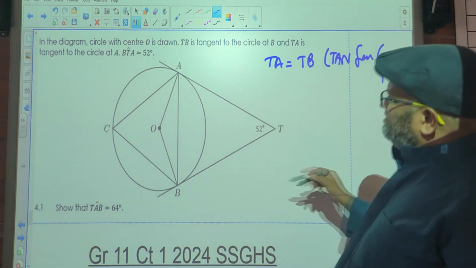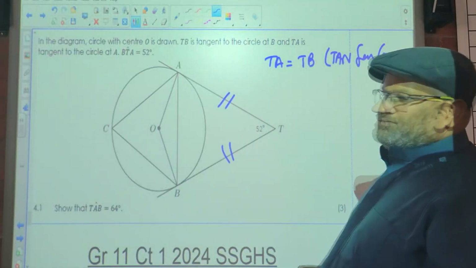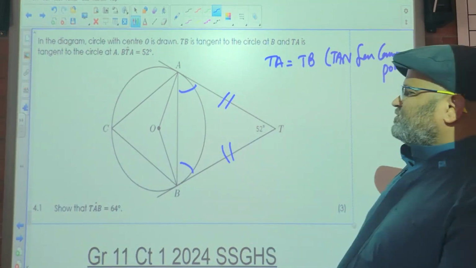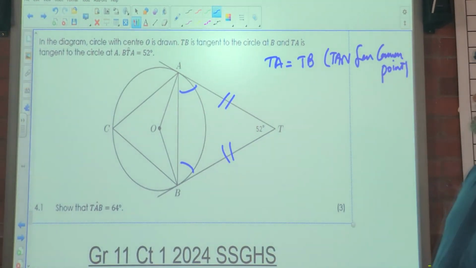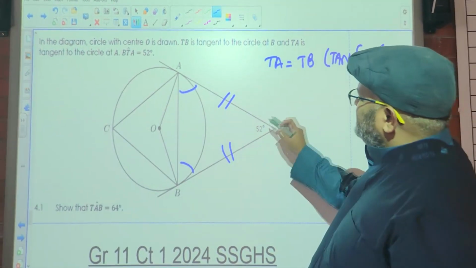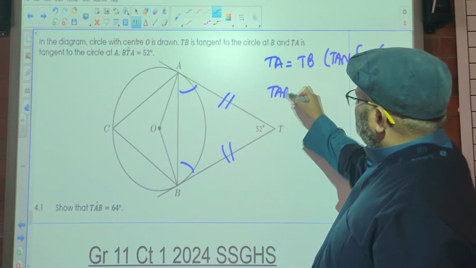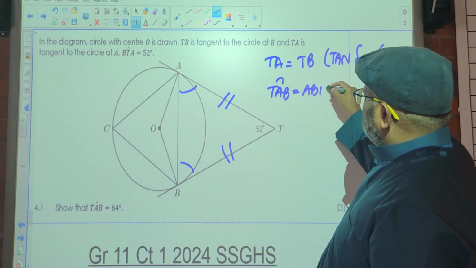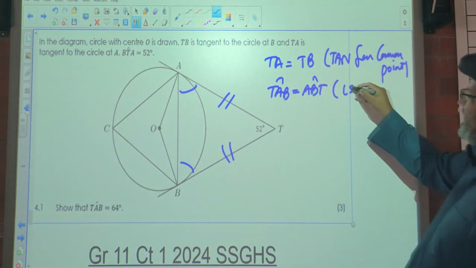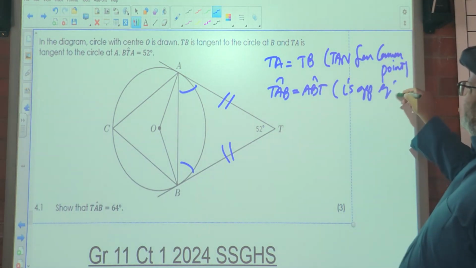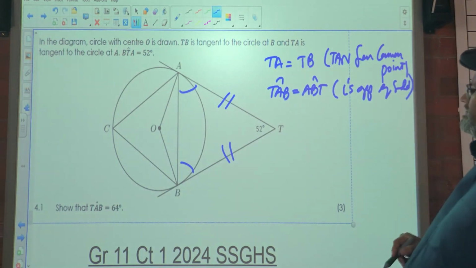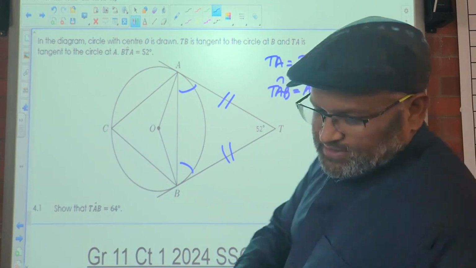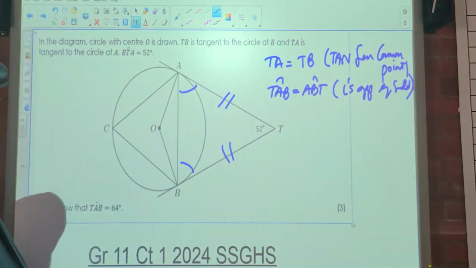Which means this angle is equal to that angle there as well. So we now say that TAB is equal to the angle ABT. Why? Angles opposite equal sides.